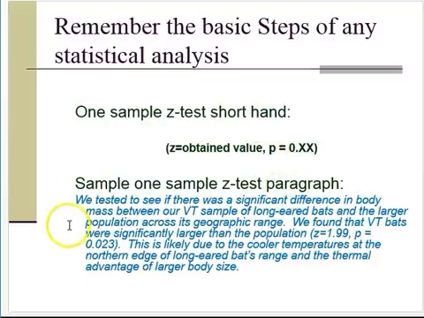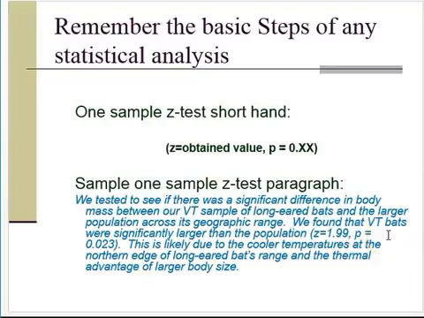Well, I've given an example here. Remember, the key components of a summary paragraph would be to state what the hypothesis is, and I've done that here. We tested to see if there was a significant difference in body mass between our Vermont sample of long-eared bats and the larger population across its geographic range. The second piece is to report your actual results with the shorthand from the z-test.